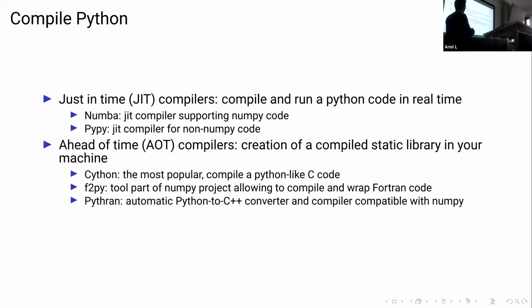You have your Python code or C code or Fortran code, you compile it, and then you access it from an extension that you import in your Python code. But that requires writing your algorithm in advance in C, Fortran, or Python, compiling it, and creating the module, the interface to access it.